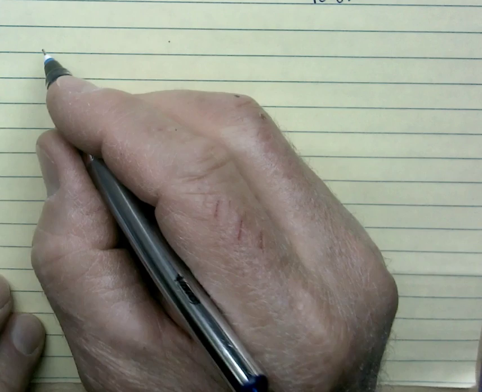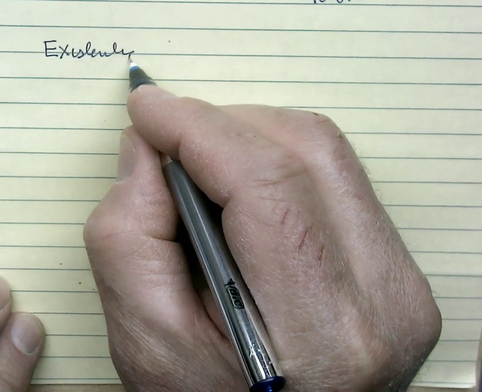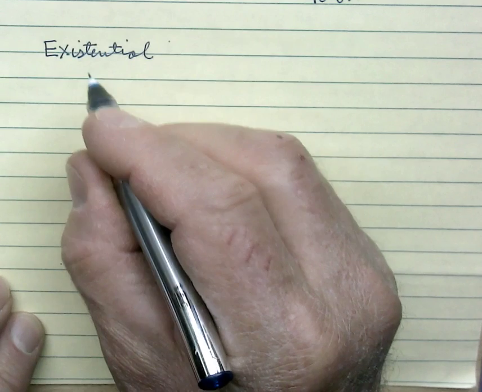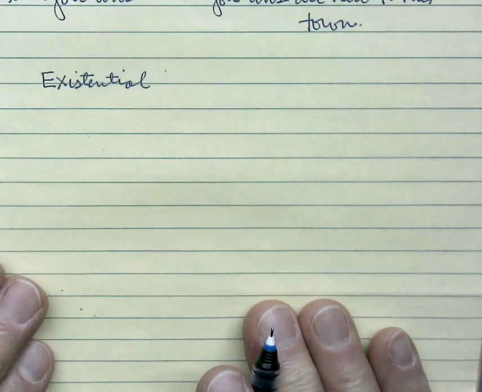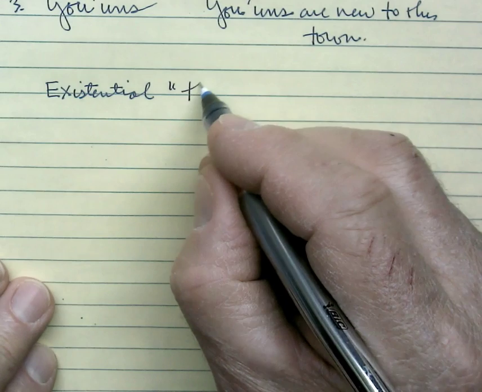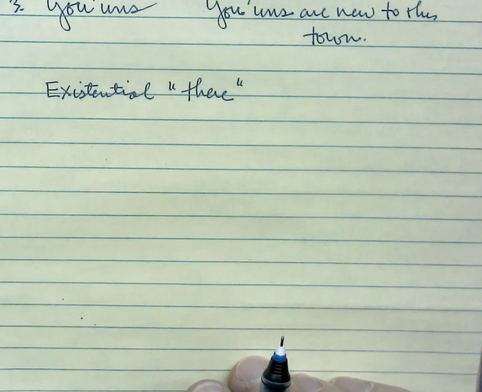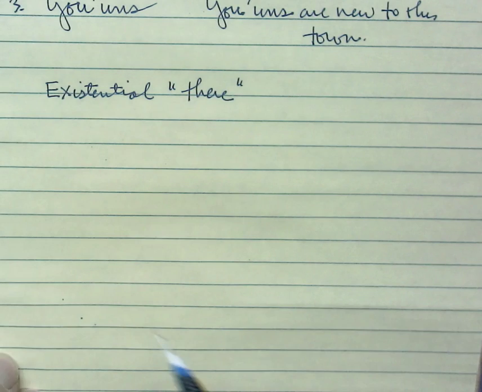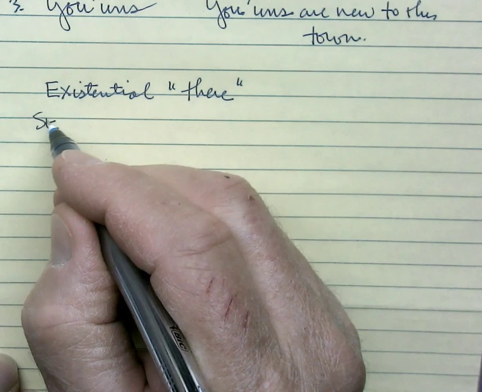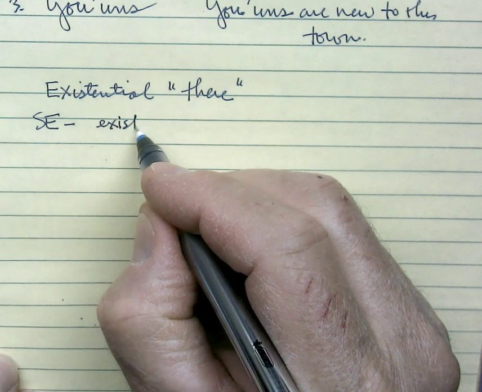Now, our last topic is something we've talked about once before, when we talked about verb-subject agreement. We talked about existential there. Existential there means that Standard English uses this to talk about existence.